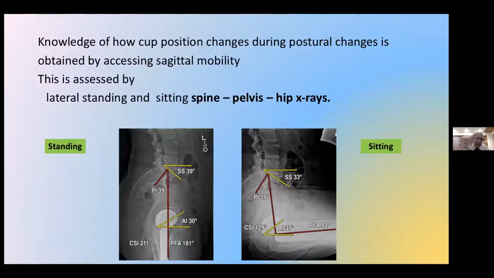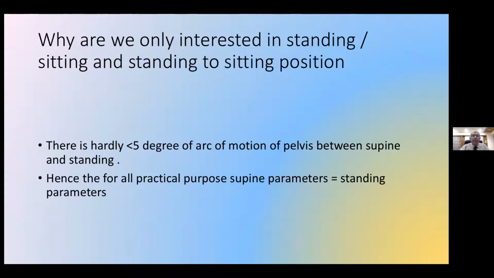You can see here the spine, pelvis, and hip x-rays in standing and in sitting. The lateral views have been taken. And on this, we have to understand that we are doing this only in standing and sitting. Supine, we are not considering because there is hardly any change between supine and standing.